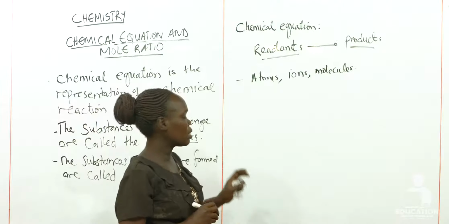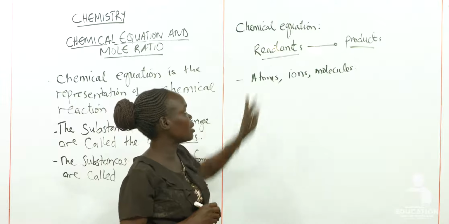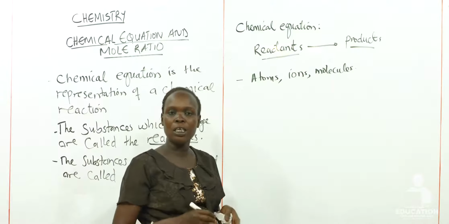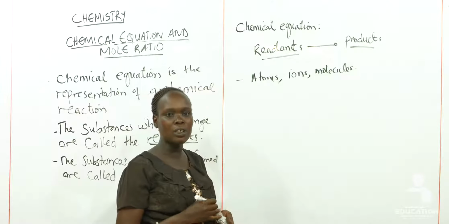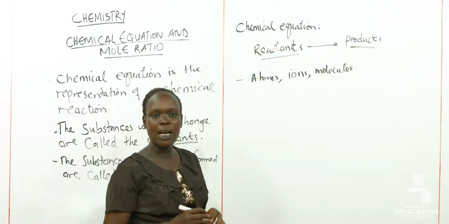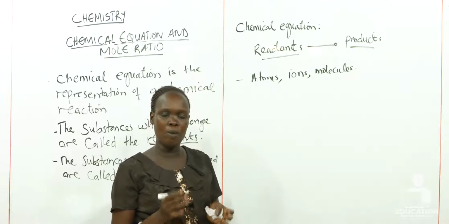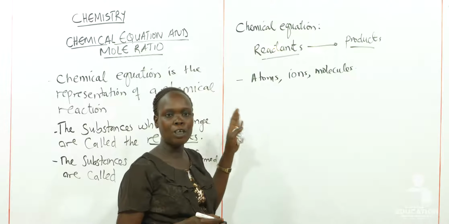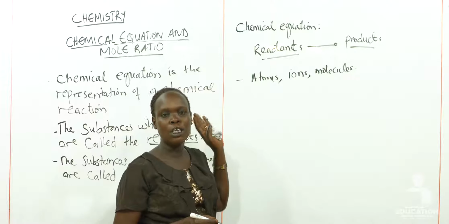So the reactants are not always atoms, but they can be ions or molecules reacting together to give us the product. The product will be a new compound formed from either the ions, the atoms, or the molecules.